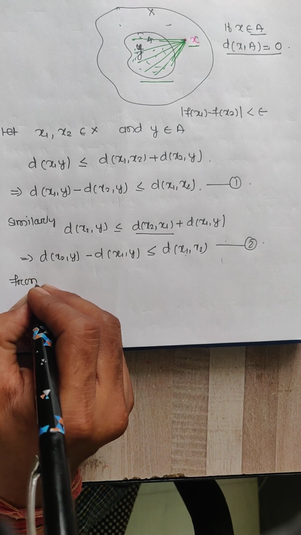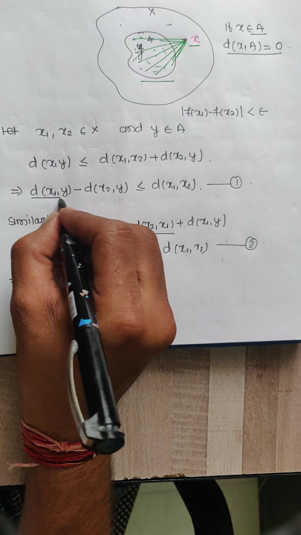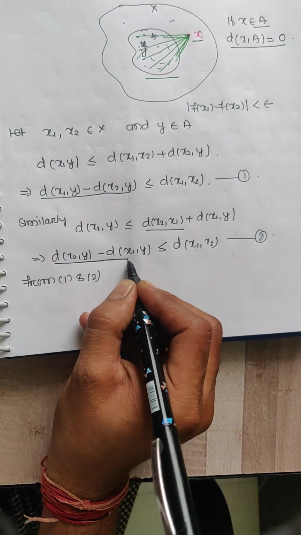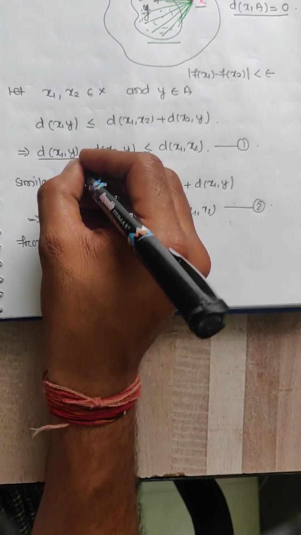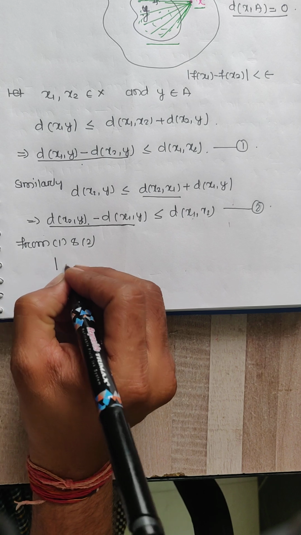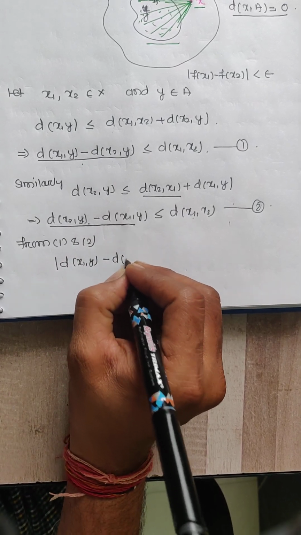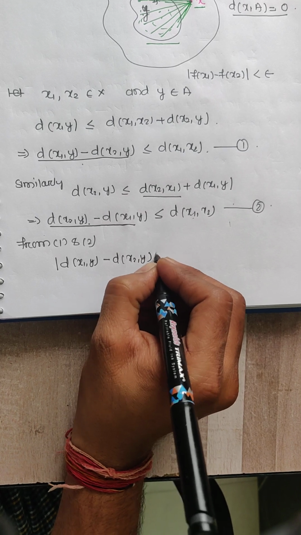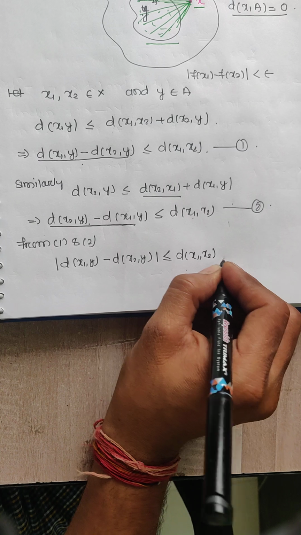From 1 and 2 I can say that this one is the negative of this one, or this one is the negative of this one. So I can say that modulus of distance between x1 and y minus distance between x2 and y is less than or equal to distance between x1 and x2.